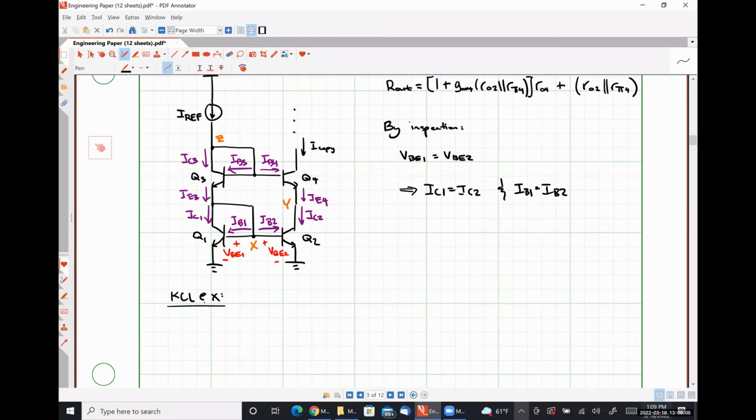So KCL at node X, all right? So the current that's flowing in is a current IE3.